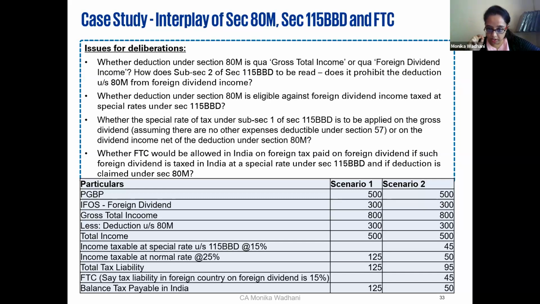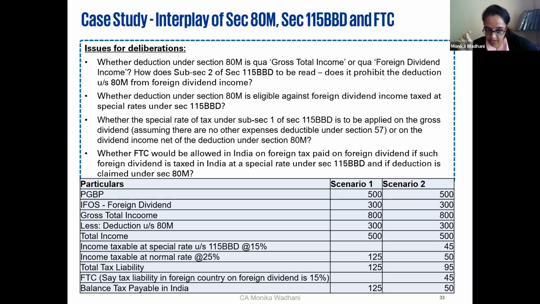Now, the question is, out of this total income of 500, what is the tax rate which you will apply and on what portion? So can you say that income taxable at special rate under 115BBD is 0 in this case, because the entire foreign dividend income has been claimed as a deduction under section 80M and therefore there is nothing left out as dividend income for the purpose of section 115BBD, and therefore no question of applying the 15% rate of 115BBD.